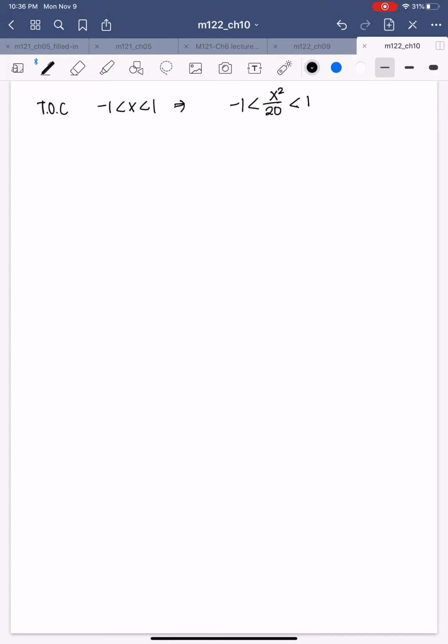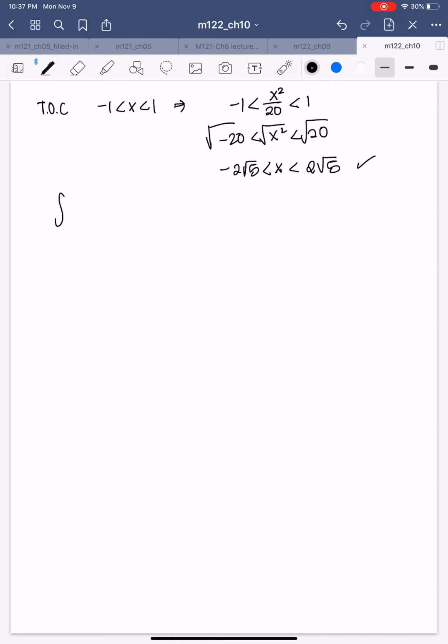So let's calculate it. Multiply by 20 on each side, and then square root, and then modify. So I have -2 root 5 and then +2 root 5. So that will be your radius of convergence.